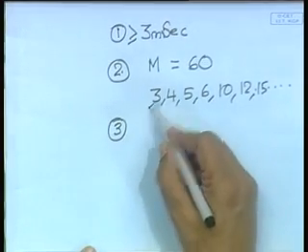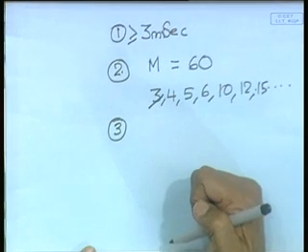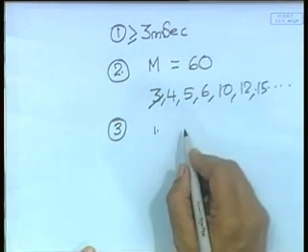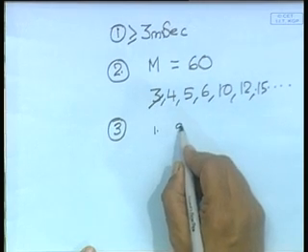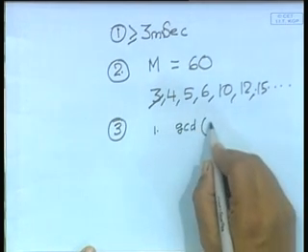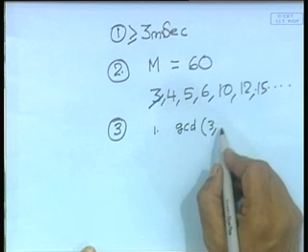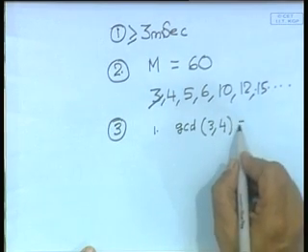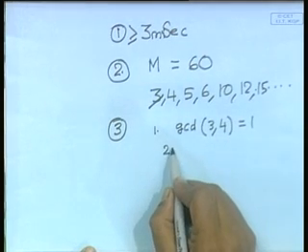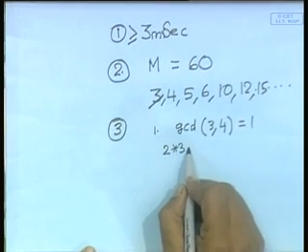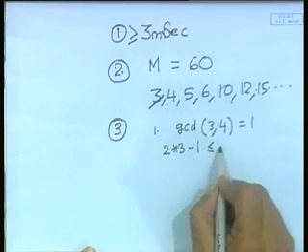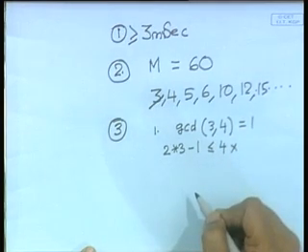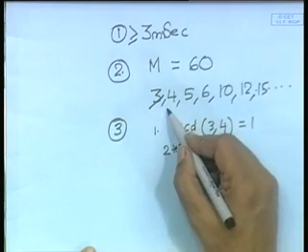Let us look at 3 first. Will it run on 3? Please try out. For the first task, what is the GCD of 3 and 4? The GCD of 3, 4 is 1. So 2 into F minus GCD, 2 into 3 minus 1, should be less than or equal to 4. It does not satisfy. Now, let us look at the next frame size 4.